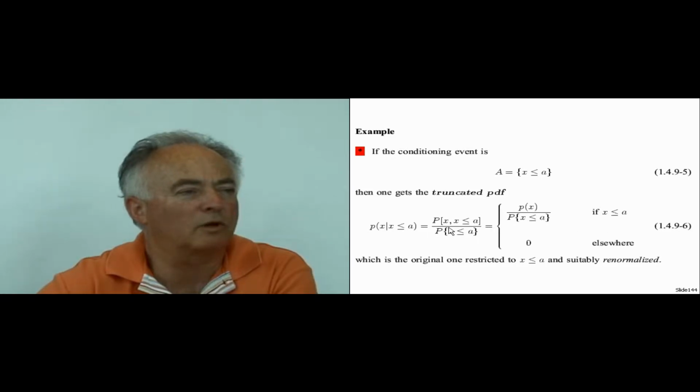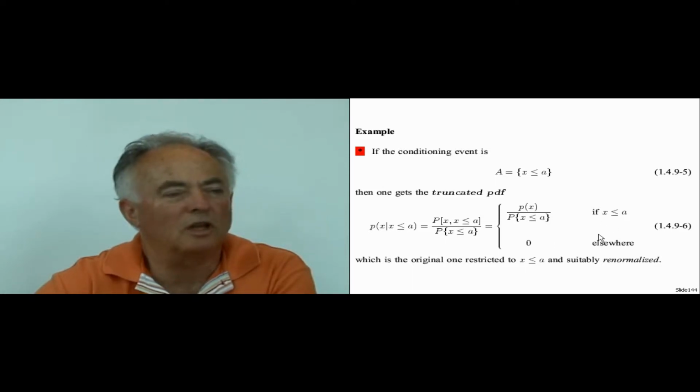And this is from the following fact: the event x less or equal to a is automatically satisfied when x is less or equal to a. Therefore, I end up only with the PDF of x, so just the first is relevant. If this is not so, namely x is greater than a, obviously this requirement makes the numerator equal to 0, therefore I end up with 0.